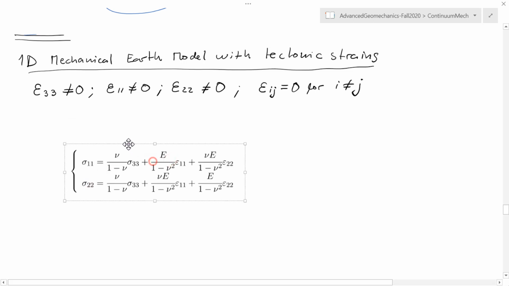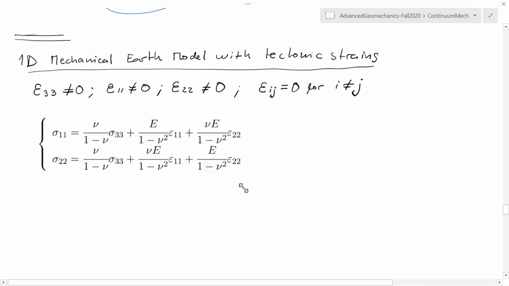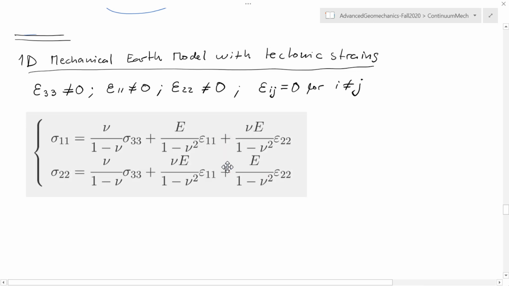All right, so this is the equation for sigma 1,1, for sigma 2,2, and the one missing here will be sigma 3,3. Sigma 3,3 is just equal to the vertical stress S33 minus the pore pressure at a given site, and we already know how to calculate this vertical stress.